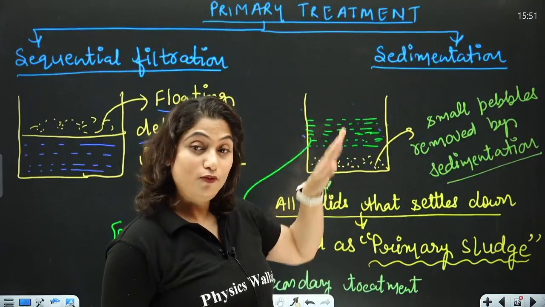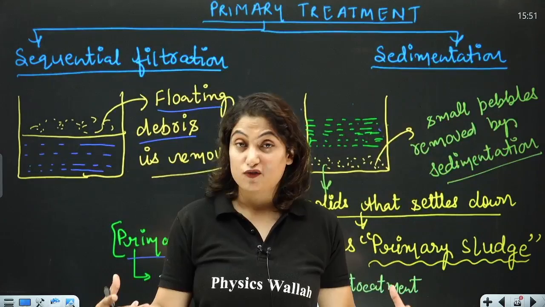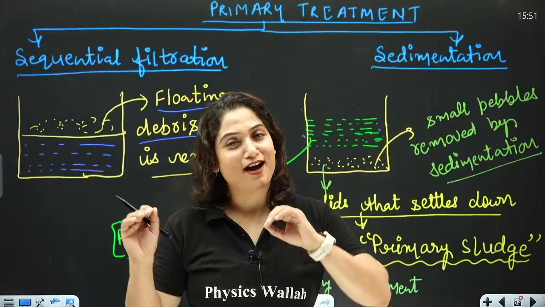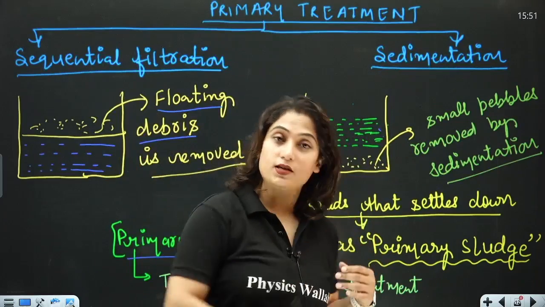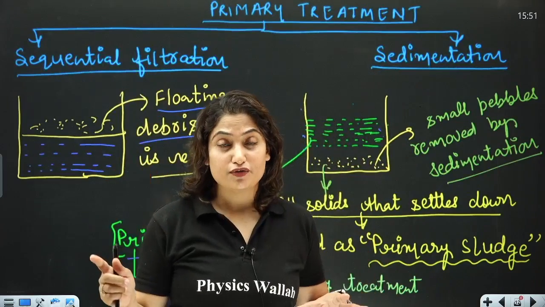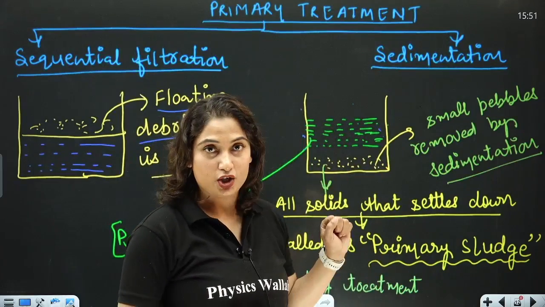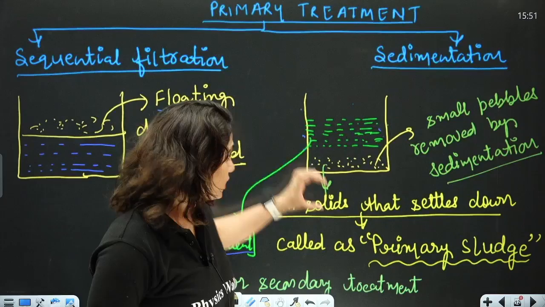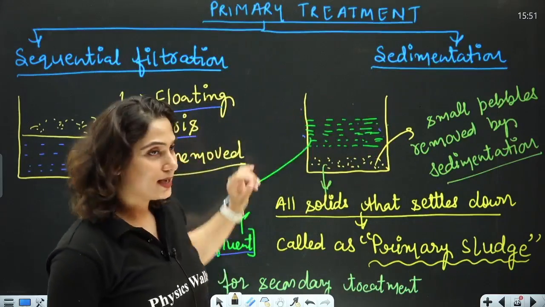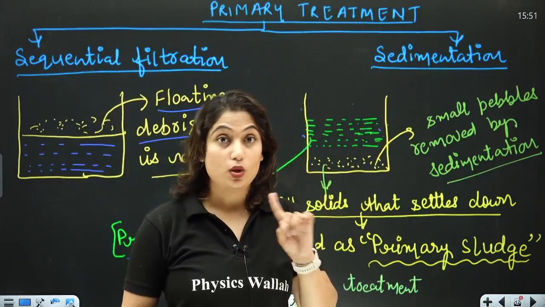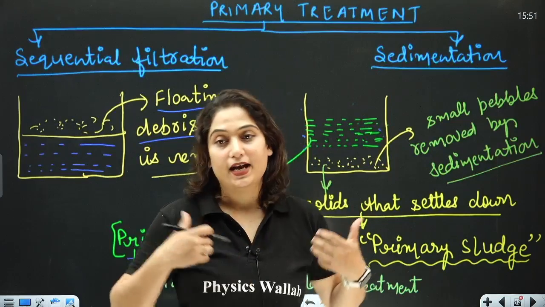Both the floating physical impurities and the heavy physical impurities are removed from the water. The floating debris is removed with the help of sequential filtration, and the heavy debris with the help of sedimentation. And ultimately, the water you will get will not have the physical impurities, both floating and heavy.